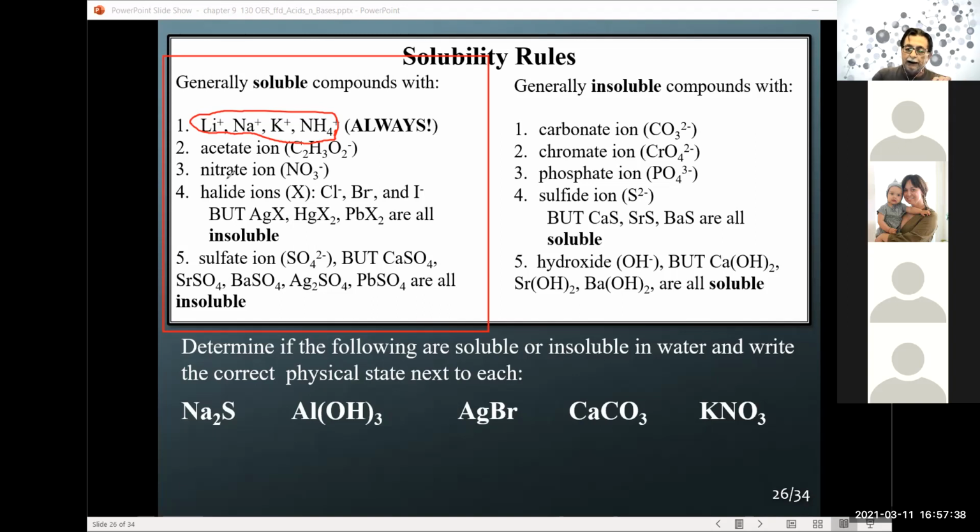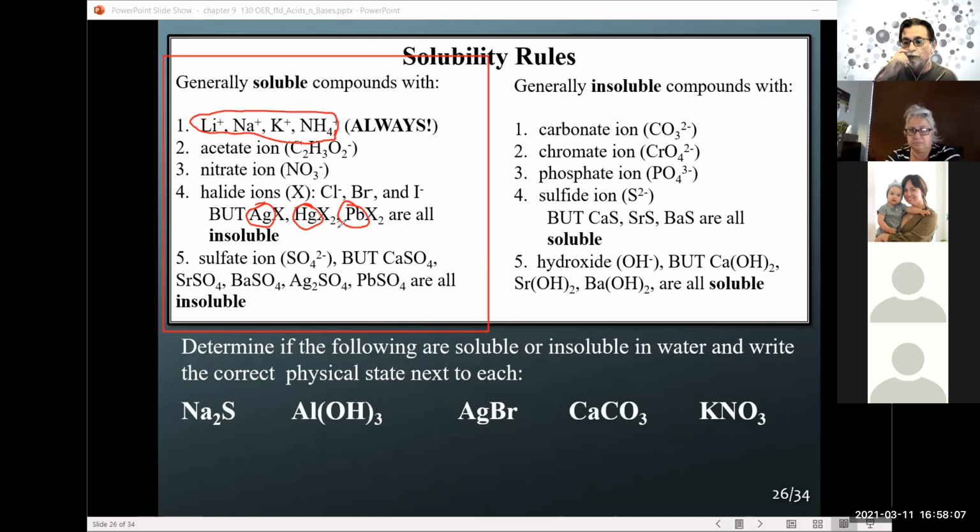Number 4, a little bit of a curve. The halides, chloride, bromide, and iodide, when they are bonded to any metal, are soluble, except when they are bonded to silver, mercury, and lead.